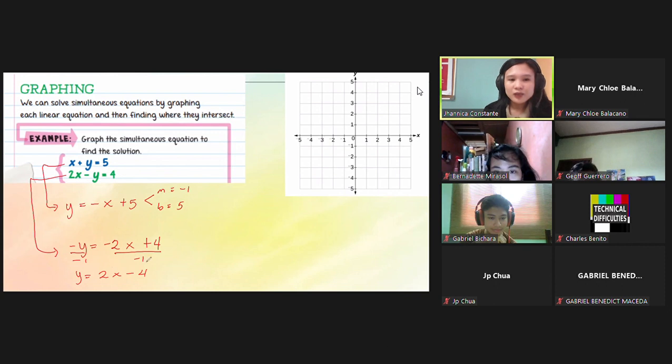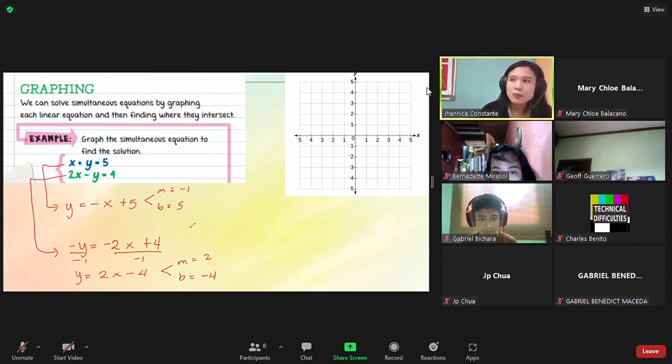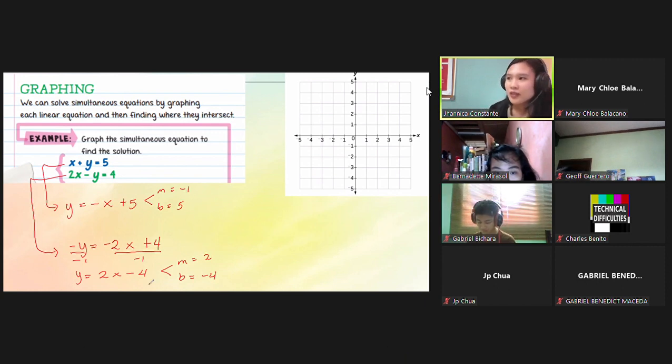For the second equation, we have a slope of positive 2 and a y-intercept of negative 4. Looking at these, we have different slope and different y-intercept. So how many solutions are we going to have?